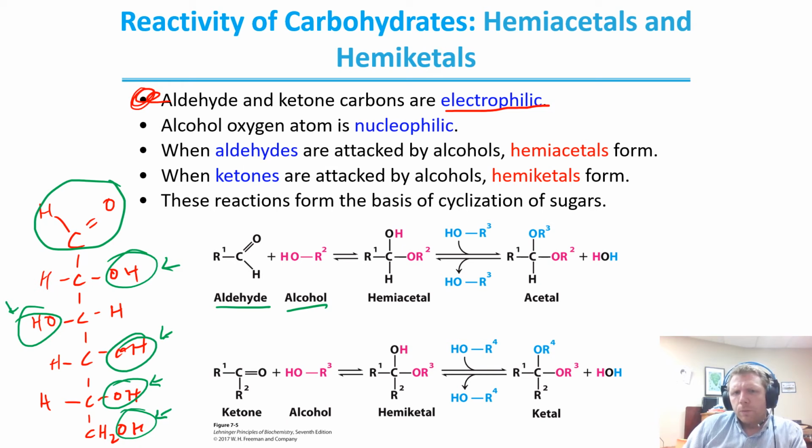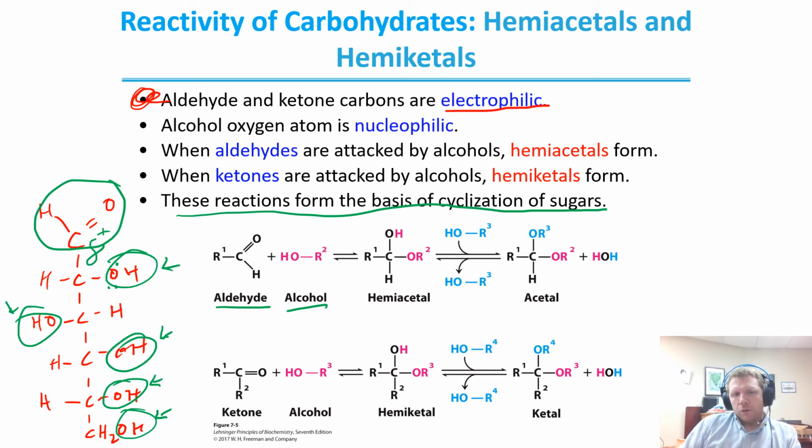All of these groups are capable of attacking this partial positive group, that carbon there, because we've got these lone pairs of electrons. Now, the formation of this hemiacetal is basically our basis for the cyclization of a sugar.